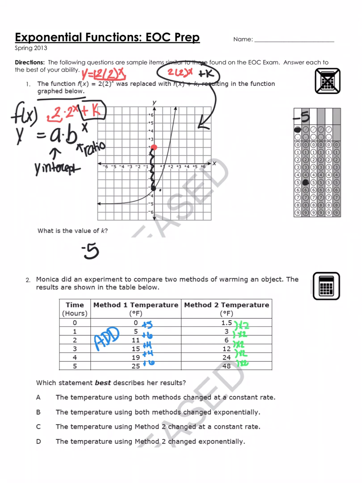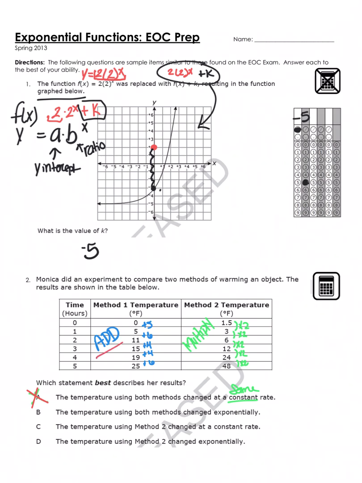Okay, so which statement best describes these results? The temperature using both methods changed at a constant rate. That's not true, because the first one definitely was not constant. Constant would be the same rate, and so that is not true. The temperature using both methods changed exponentially.